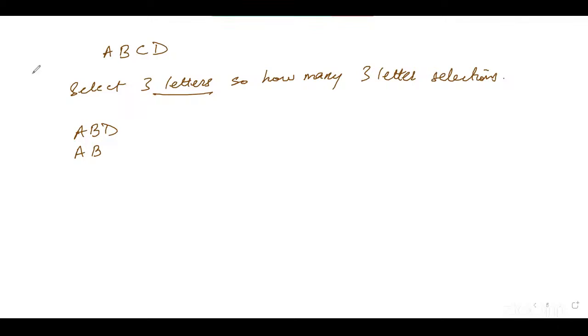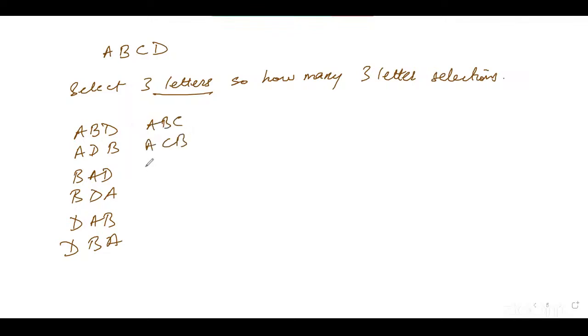Look at this. You see that? So I can also go with ABC, 6 different ways. I can also go BCD, 6. How many selections can I have?